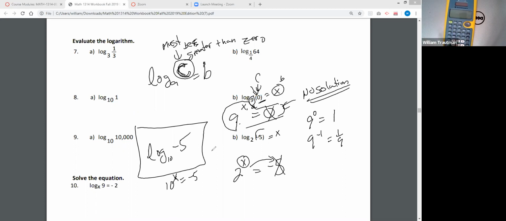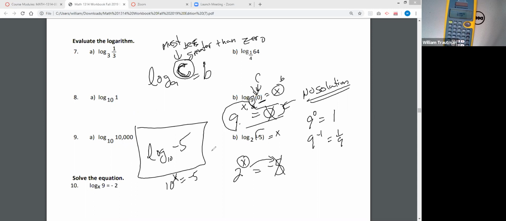Log, let's turn it on. Log of -5. Do you see how my calculator says error? You cannot take the log, even the log of 0.